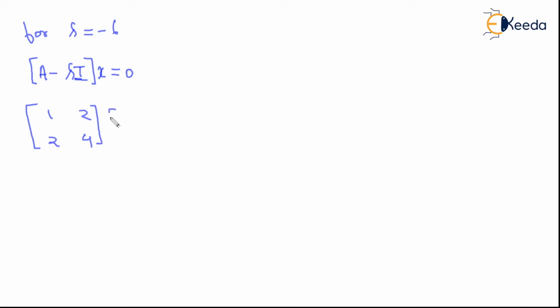Similarly, for lambda equal to -6, we'll see what we get. So for the same equation, A minus lambda I times x equal to 0, we can put -6 and we'll get, I'm directly writing this, [1, 2; 2, 4] times [x1, x2] equal to [0, 0].